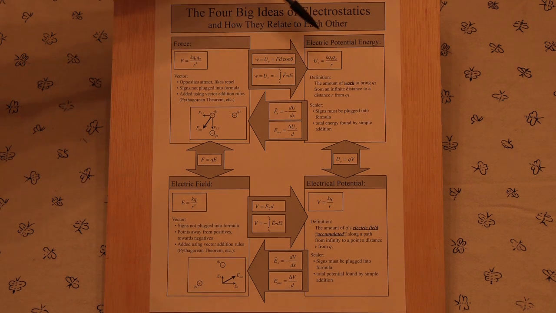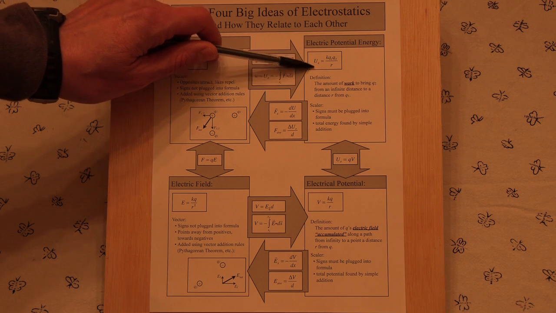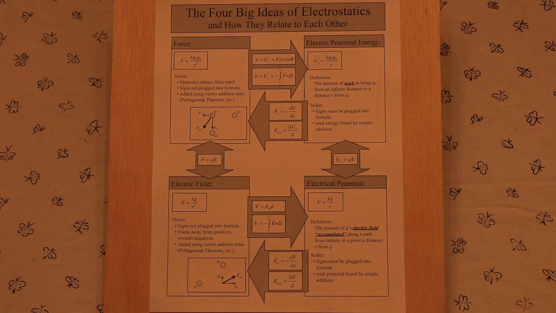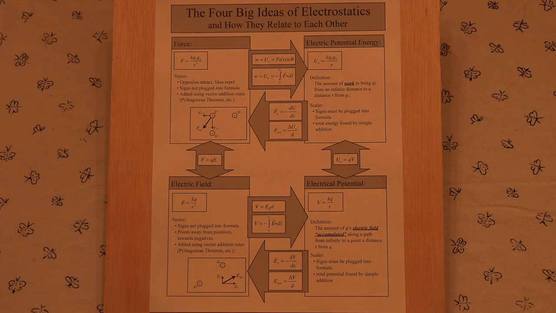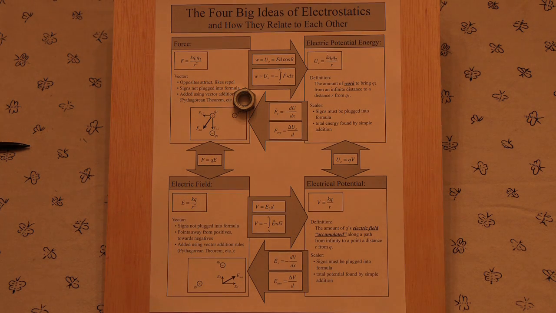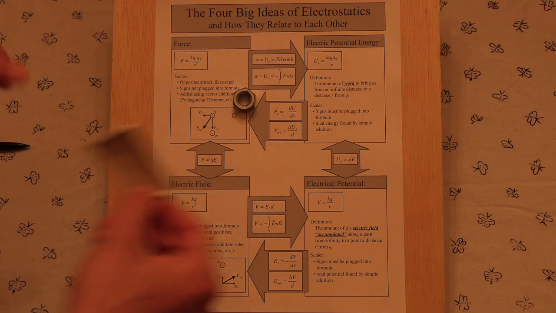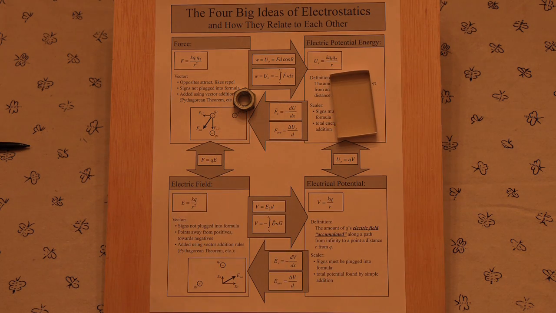In the upper right corner here, we have electric potential energy, U. Gravitational energy, we had U. Electrical energy, we have UE instead of UG. kQQ over r. This is a scalar. First of all, the definition is the amount of work to bring Q2 from an infinite distance to Q1. So, if I had one object here, and a second object, and I figure out kQQ over r, those are supposed to be point charges.